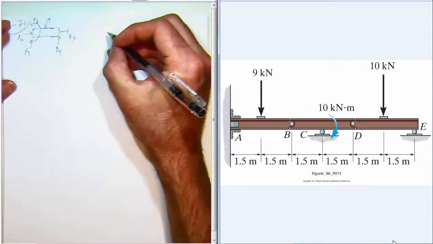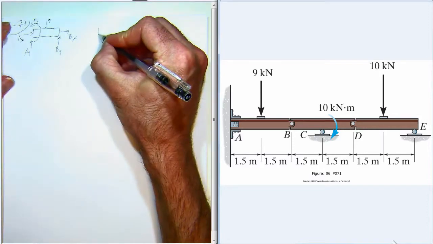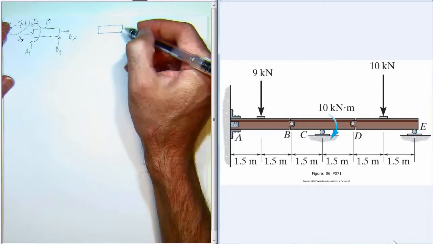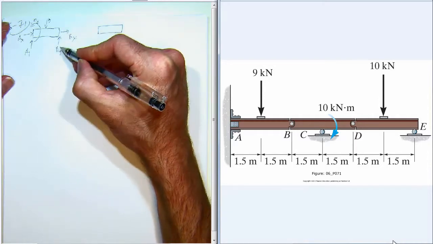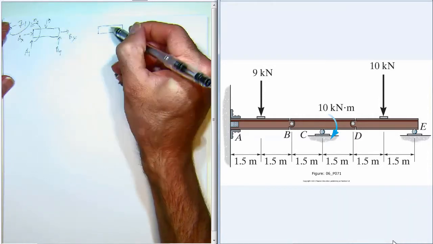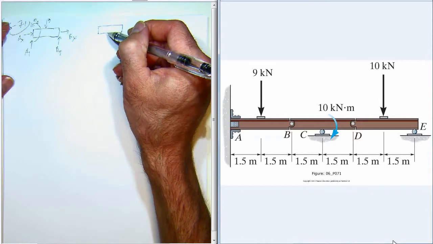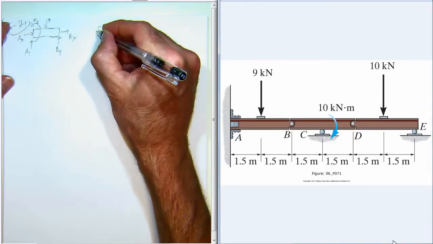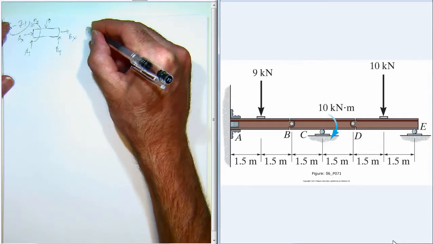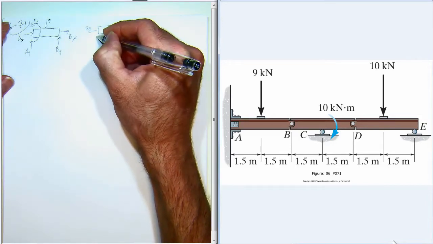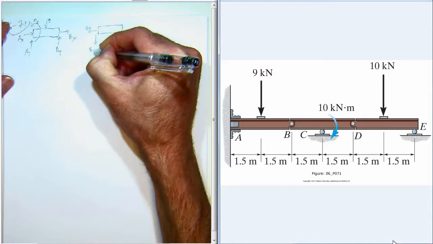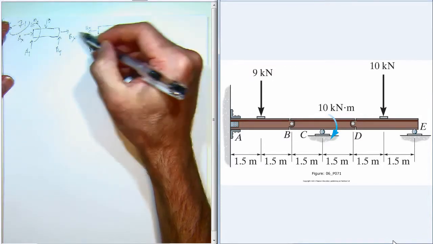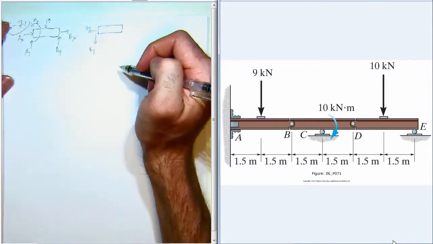Now, member CD. We've got the reactions at B, and so we already drew them in a certain sense on member AB, so we've got to draw them in the opposite sense on member CD. So now we have BX acting to the left instead, and BY acting down, because the force on CD is equal and opposite to the force on AB.